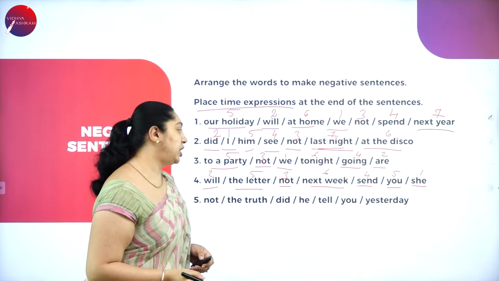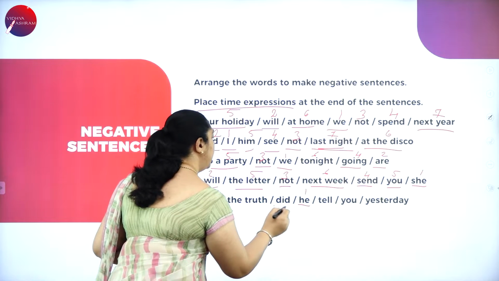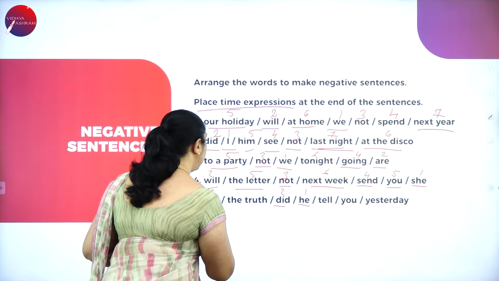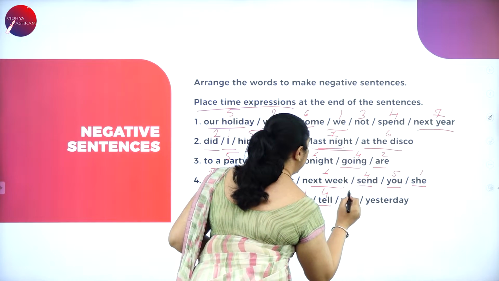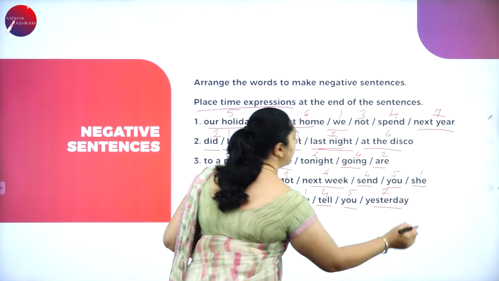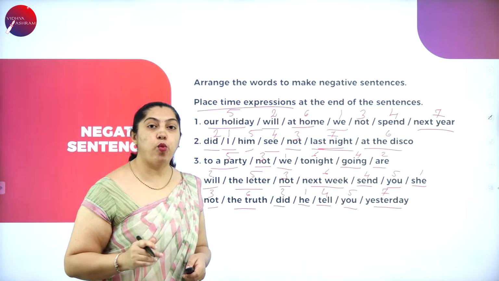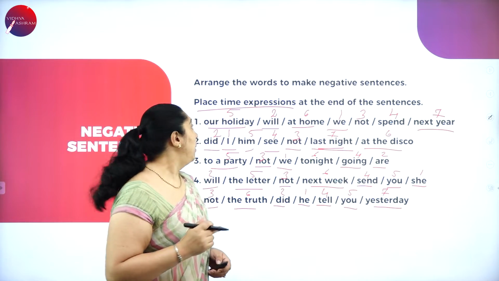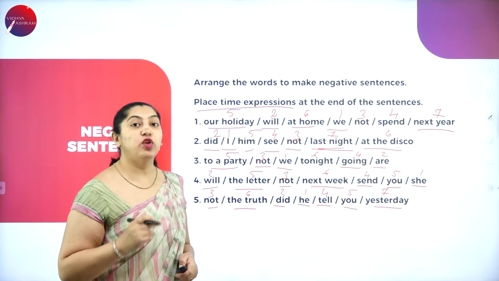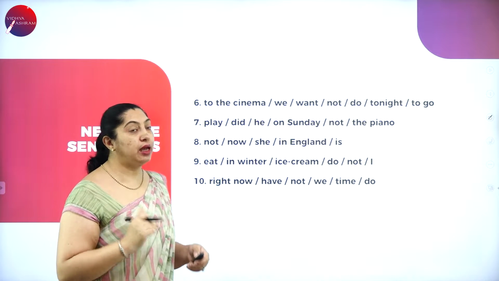Not the truth did he tell you yesterday. He did not tell you the truth yesterday. Always keep one thing in mind, that is the place, time and expression will be written at the end of the sentence, not in the beginning.